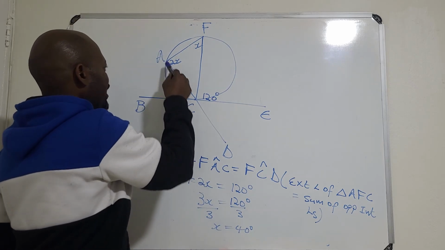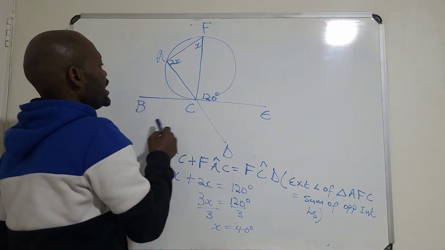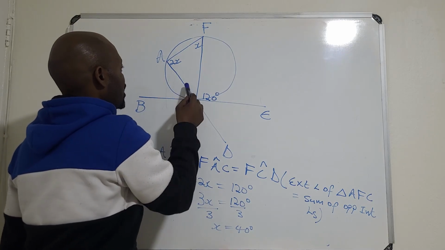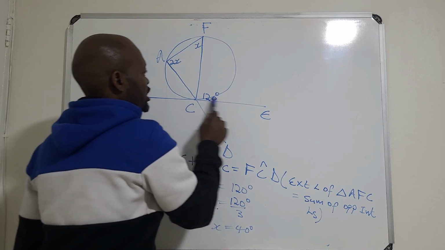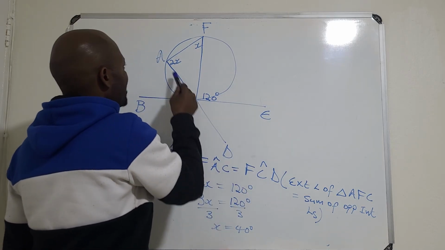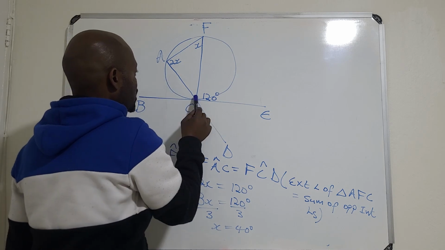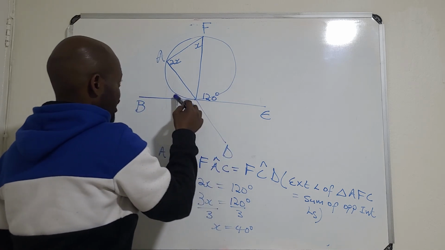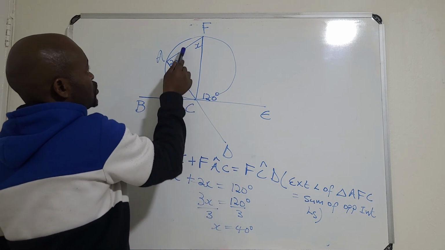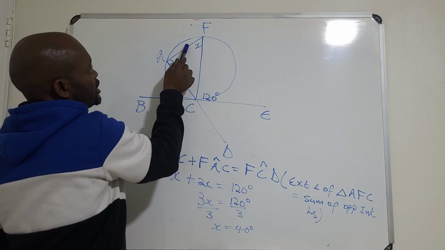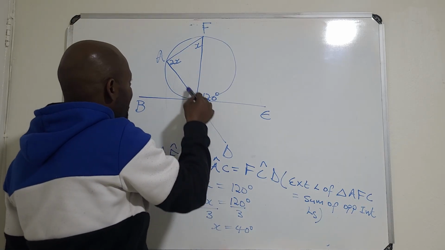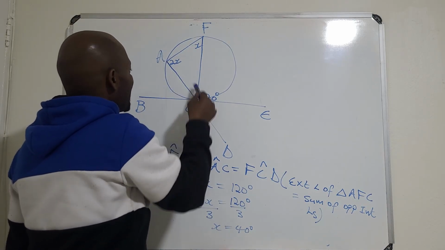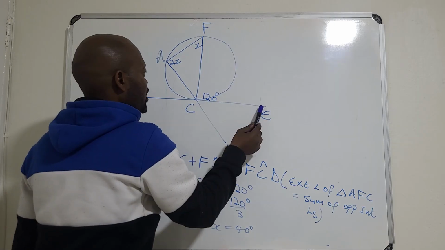Now, angle ACB is an angle made by the chord and the tangent. So the angle made by the chord and a tangent, which is this angle there, is equal to the angle in the alternate segment. So this angle is subtended by the very same chord which makes an angle with the tangent.